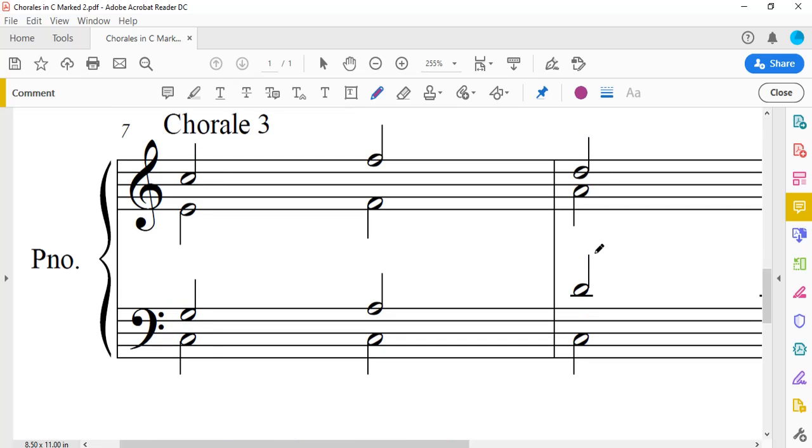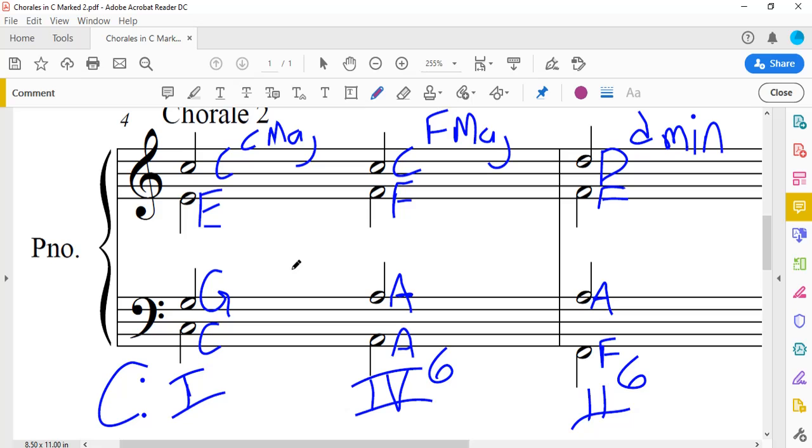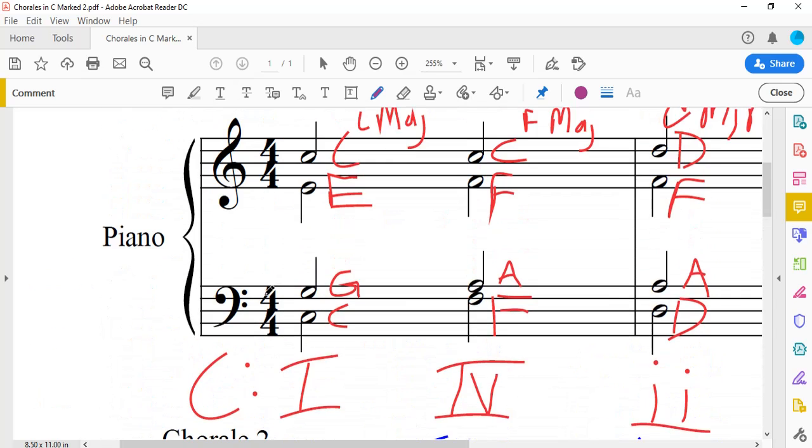Once again, Chorale 3 is in C major, just like the first two chorales that we've looked at. And what we need to do is start figuring out what these chords are. Now, you may have already noticed the first chord is actually the same exact first chord as the other two chorales.